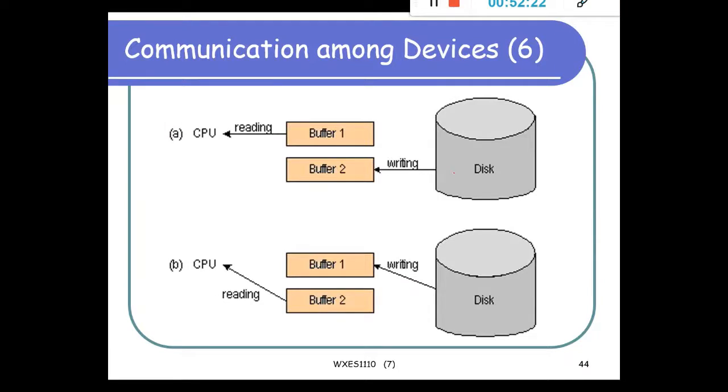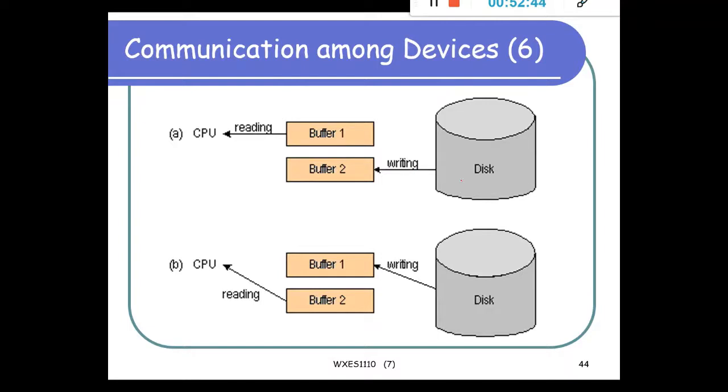So these are the two buffers, okay? The objective is to have a record ready to be transferred to and from memory at any time to avoid any possible delay. So you have here the CPU and disk. Direct transfer is slow because of the unequal processing speed.